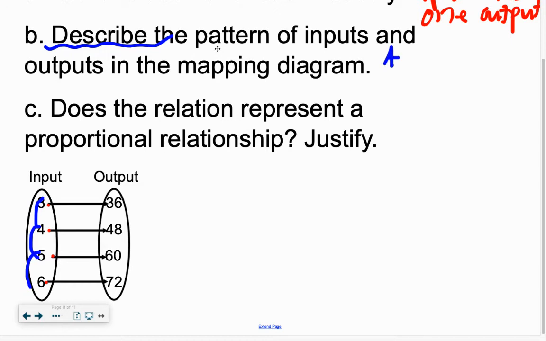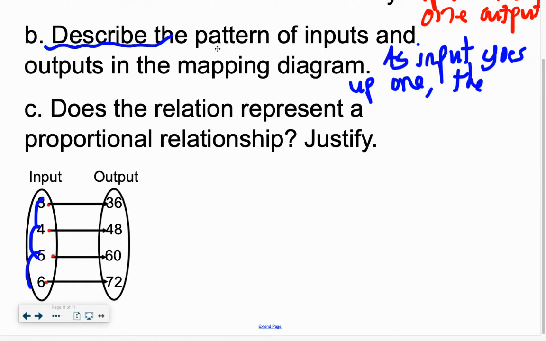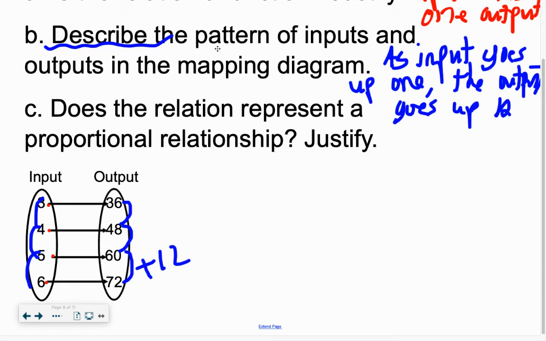So I would say as input increases or goes up 1, the output, well, how does the output change? What's going up with the output? What does it go up each time? How is it changing? What is its pattern? Well, that's going up 12. So as input goes up 1, the output goes up 12. Great. That's one way to explain it.